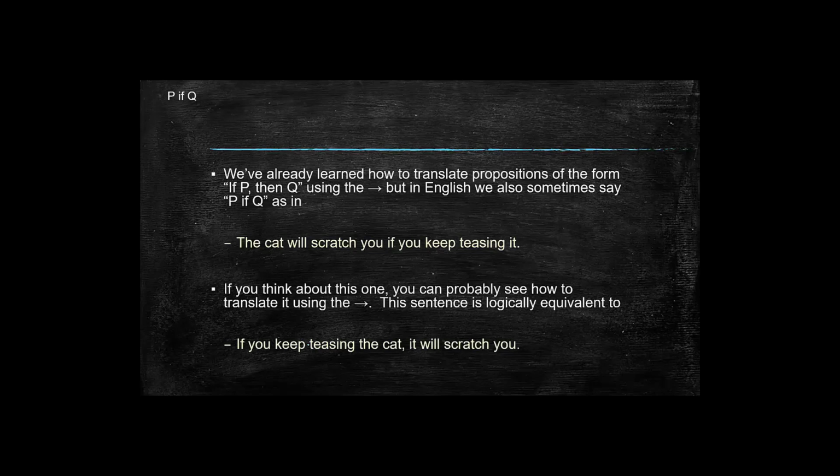So it's not hard to see that all we're really doing is making sure the if sticks with this clause and moving it to the front of the proposition. The cat will scratch you if you keep teasing it. Or, if you keep teasing it, it will scratch you.